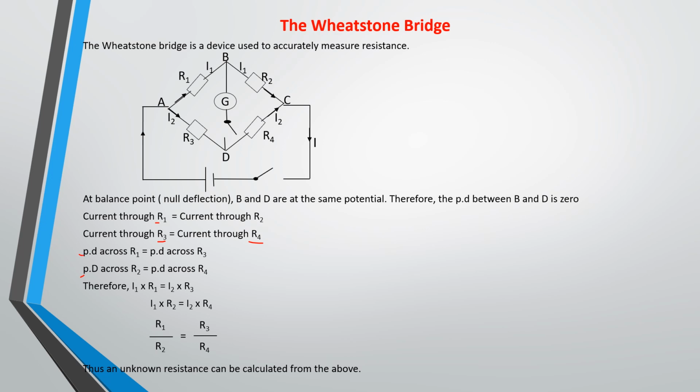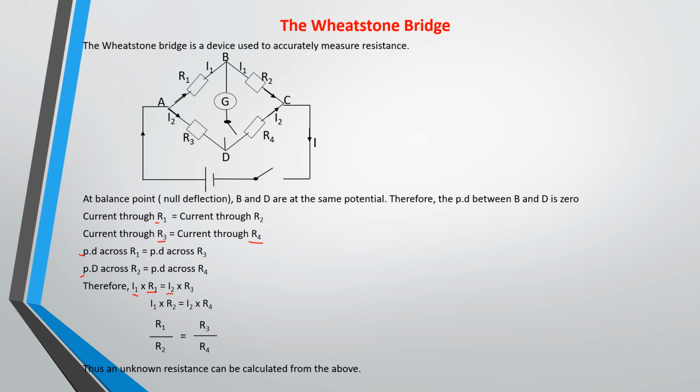So if we know that, then it means that the PD across R1 is the current through R1 multiplied by the resistance of R1, which is this. The same thing too: the current I2 multiplied by R3 will give you the PD across R3.